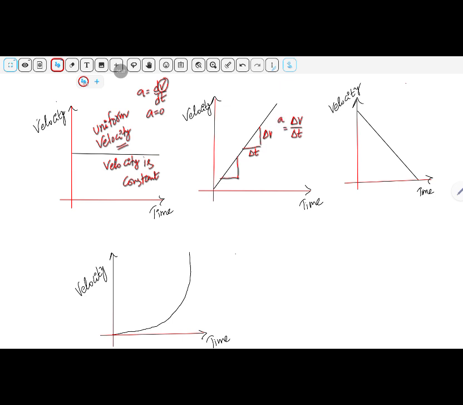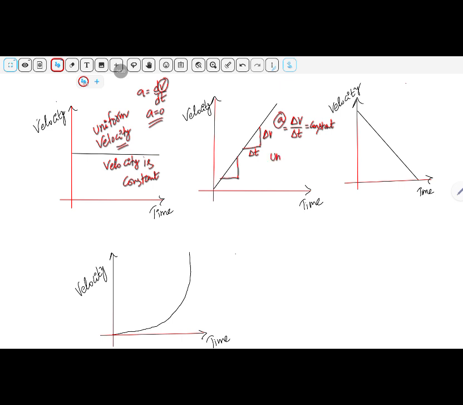Okay, now as the slope is constant here, if you observe the graph, it is a straight line passing through origin and it has a constant slope. If the slope is constant, it indicates that the acceleration is constant. In first graph, acceleration is zero, whereas in second graph you have acceleration, and this is a constant value.